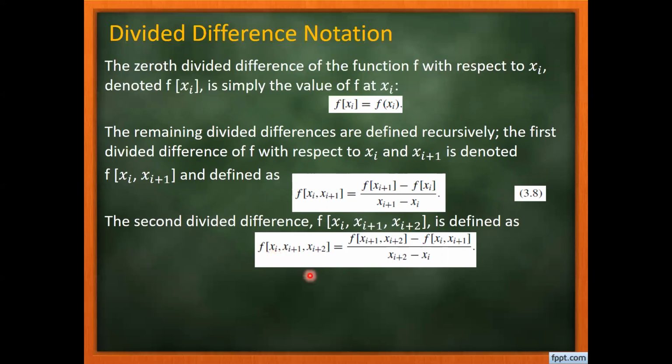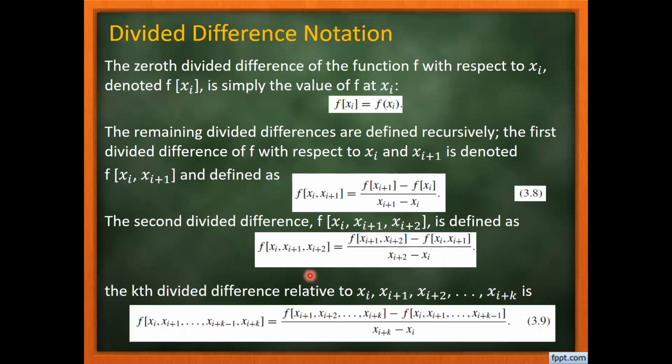Following the same pattern, the kth order divided difference at the ith node is the (k-1)th order divided difference at the (i+1) node minus the (k-1)th order divided difference at the ith node, divided by the difference between x(i+k) and xi.